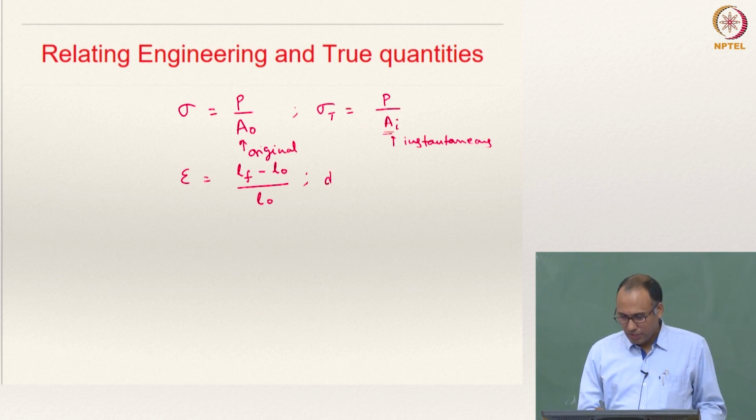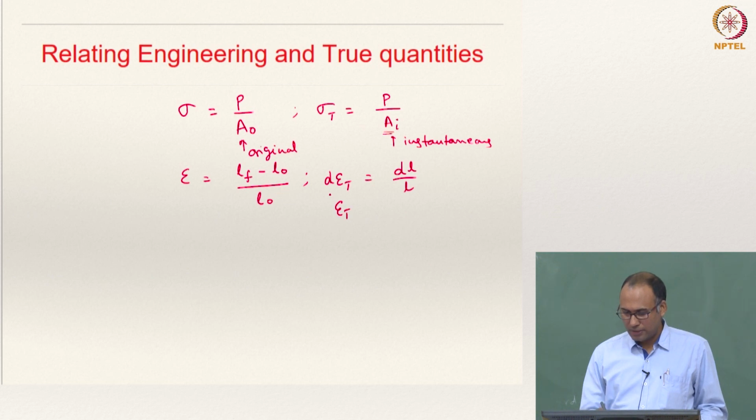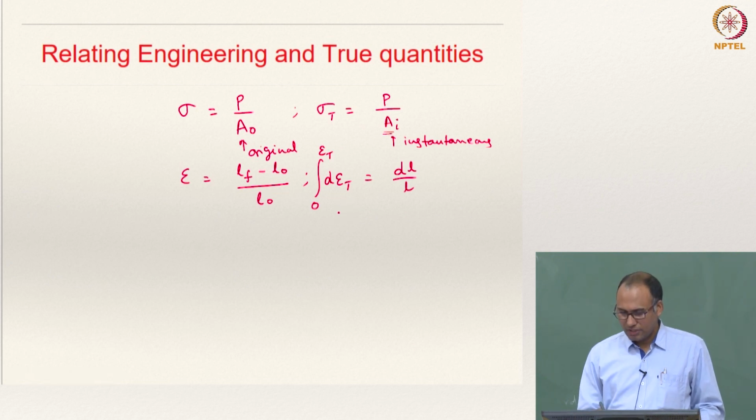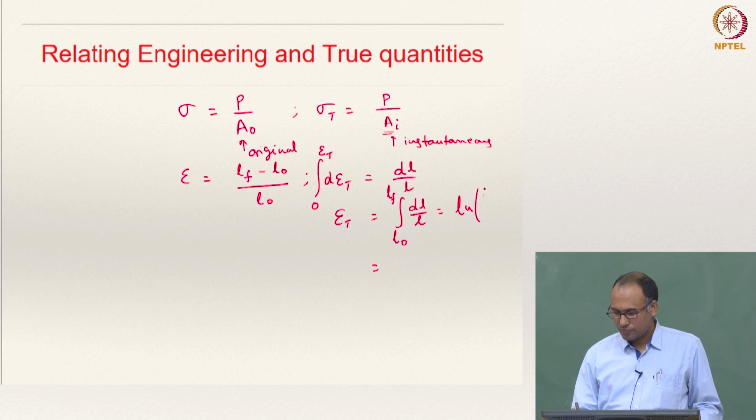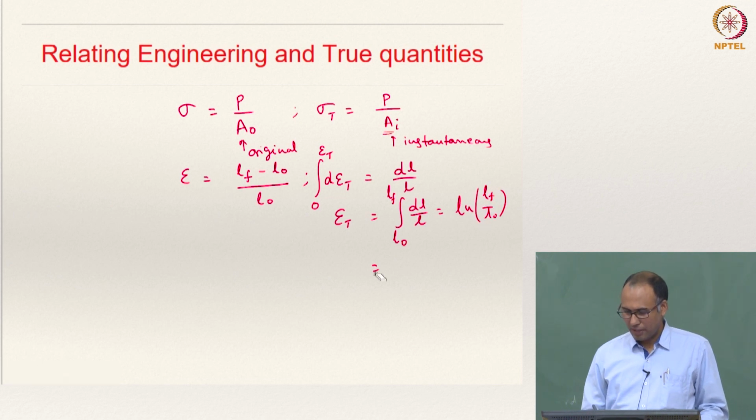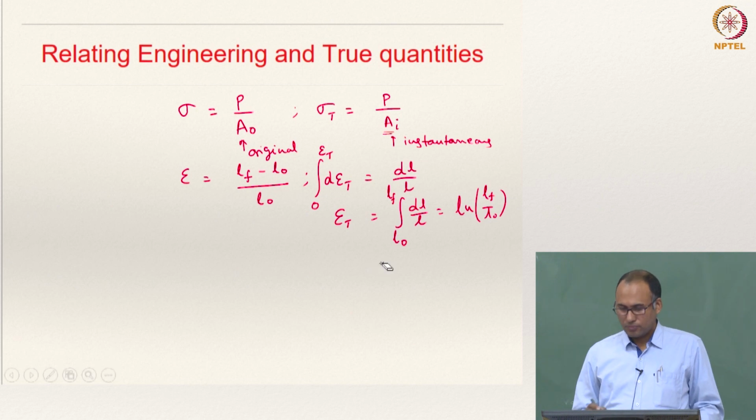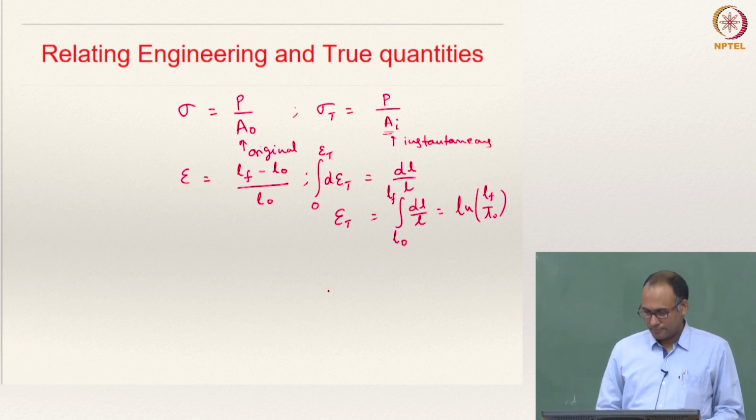And we have defined d epsilon T is equal to dl over L, and if you integrate it from the initial length to the final length, epsilon T will be the integral of dl over L, that is natural log of LF by L, right. That is the definition of your true strain.